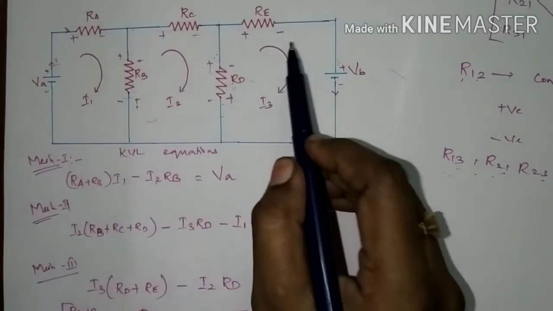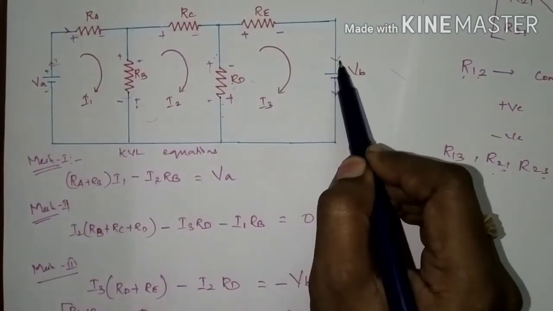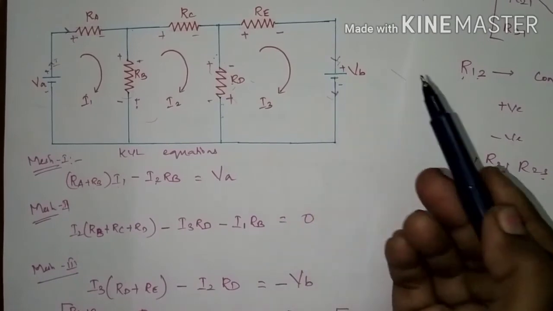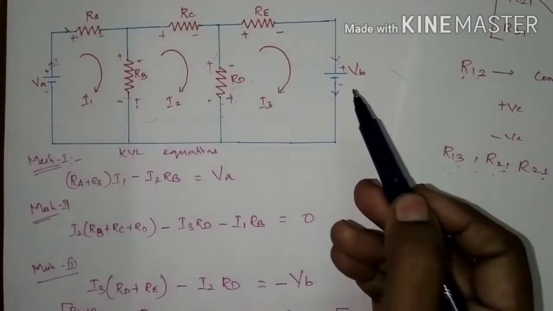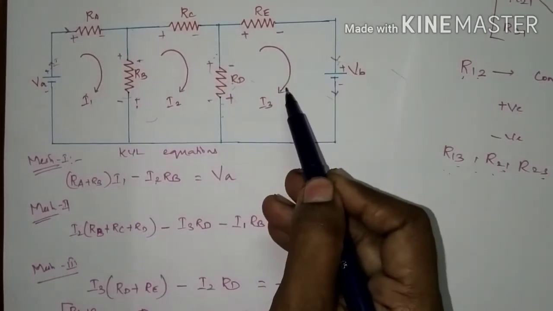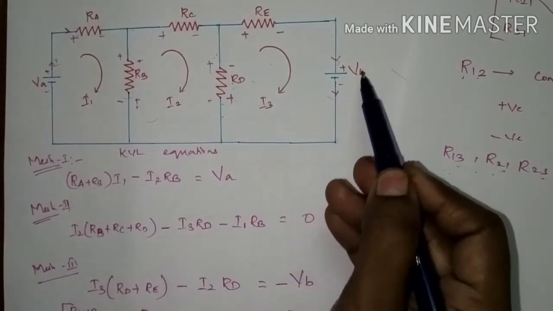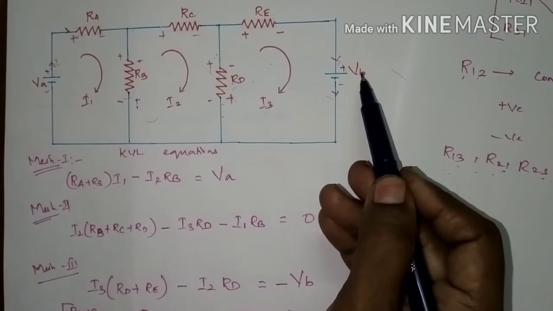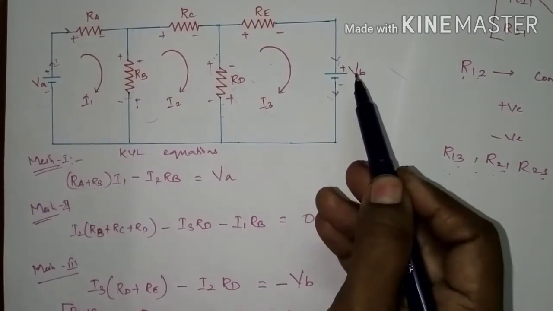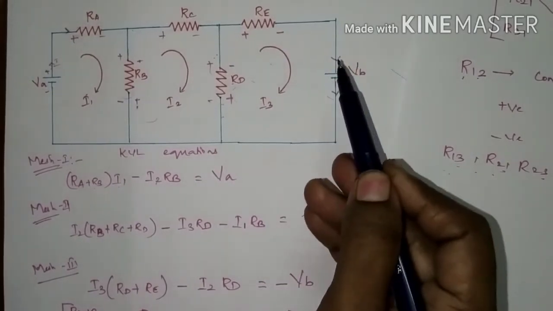Whereas in the last mesh, the current enters the positive and leaves the negative, opposite to the conventional current direction. So, it is not driving the current. Here it is acting like a load, so the voltage source is negative.